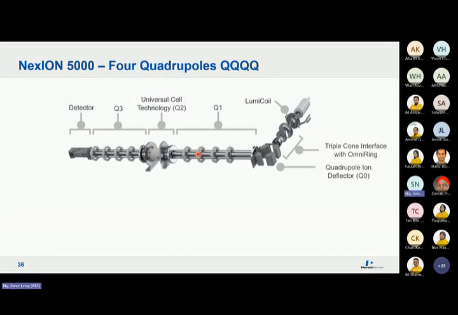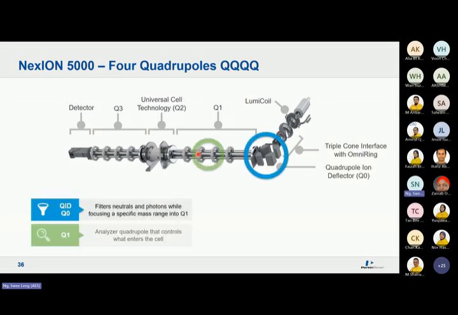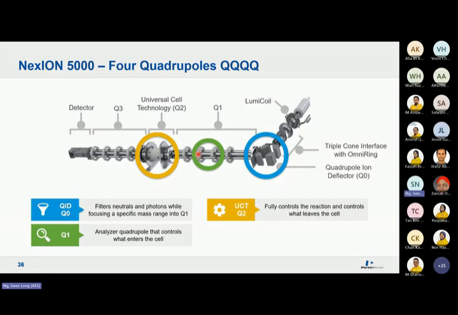All ICPMS actually run one by one. So we have 3 quadrupoles. The first is making the first filtration. The second isolates and filters other masses. Then this one is for the interference removal, and this one is for the high screening speed. So every quadrupole has a different function.